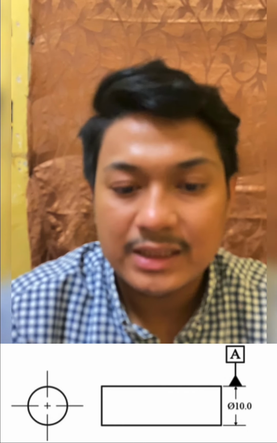This type is common with any GD&T symbol that can have axis control, like runout, perpendicularity, or concentricity.